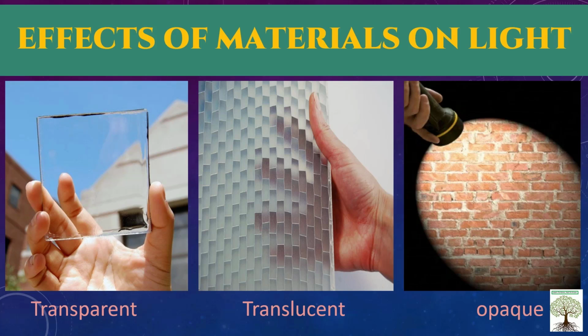We cannot see anything through an opaque object, like a wooden plank, table, chair, wall, or steel plate. These are all examples of opaque objects. So light can completely pass through the transparent, some light can pass through the translucent, and no light can pass through the opaque object. This is the property of light.